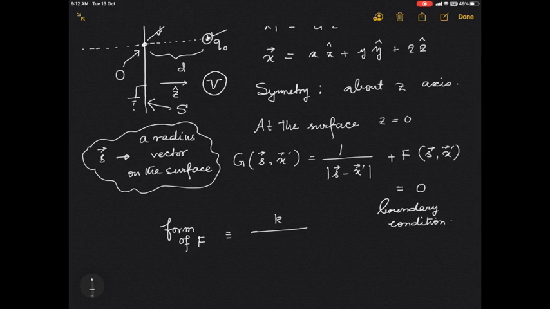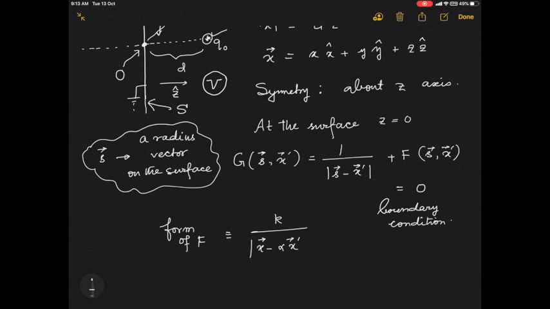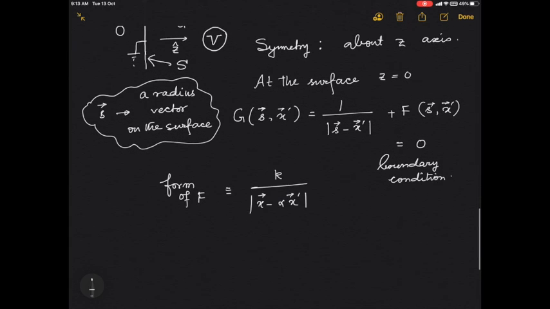And that is, it used to be k by mod s minus, or because I'm choosing F, so let's write this first, x minus alpha x prime.